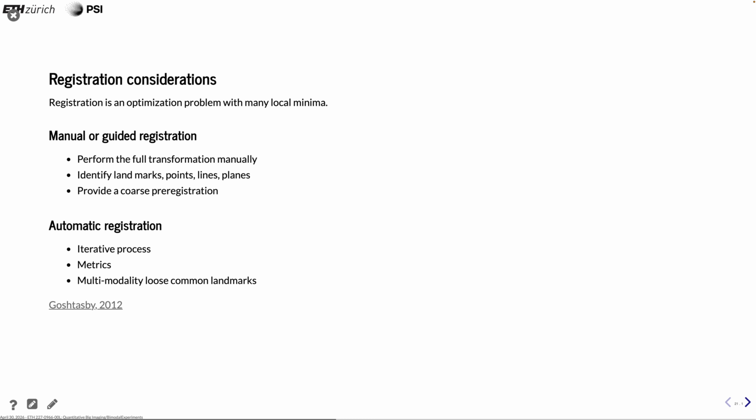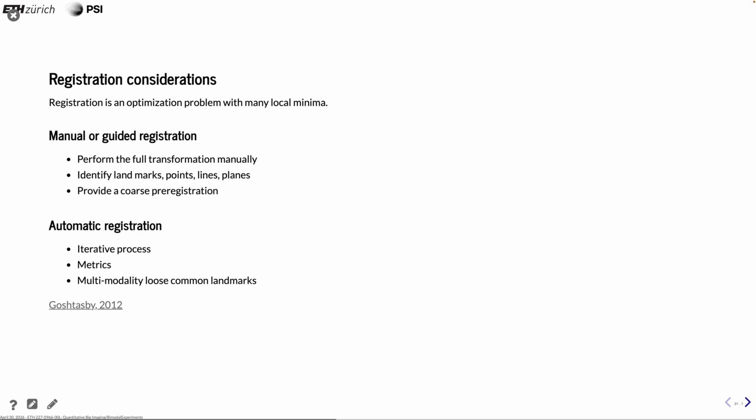Because if you are really way off, it's hard for the algorithms to find it. What you could do with a guided registration is identify landmarks or points, lines, planes or something that guides where to go. You could also provide a coarse pre-registration, where you know that you need to rotate about 50 degrees to get to the right place.